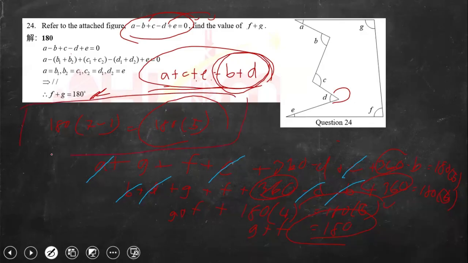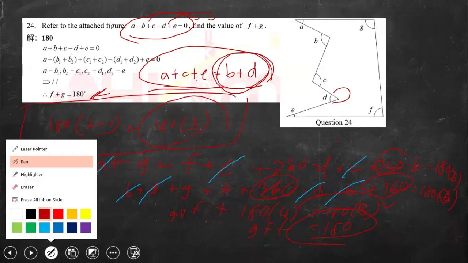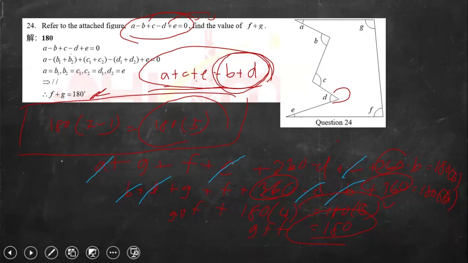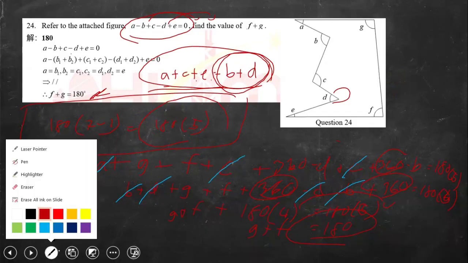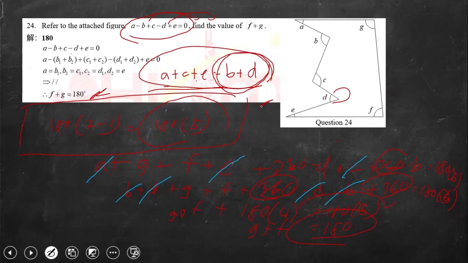You can use the sum of interior angles. Okay, B1 and then B2 here. A is equal to B1. Why? B2 is equal to C1. Actually, yeah. This is to be sure. This is a sure way for me here, using the sum of interior angles.